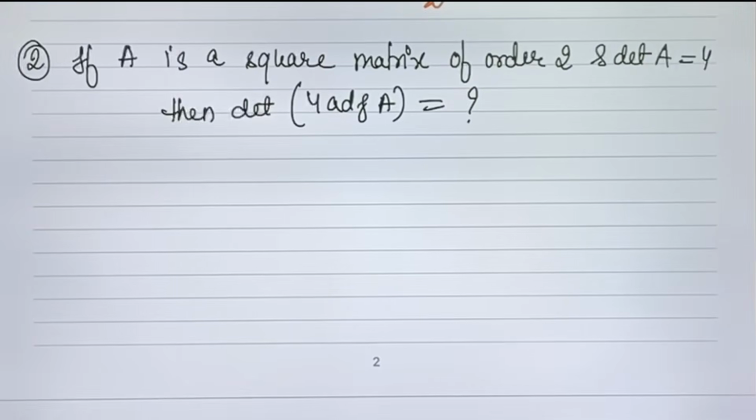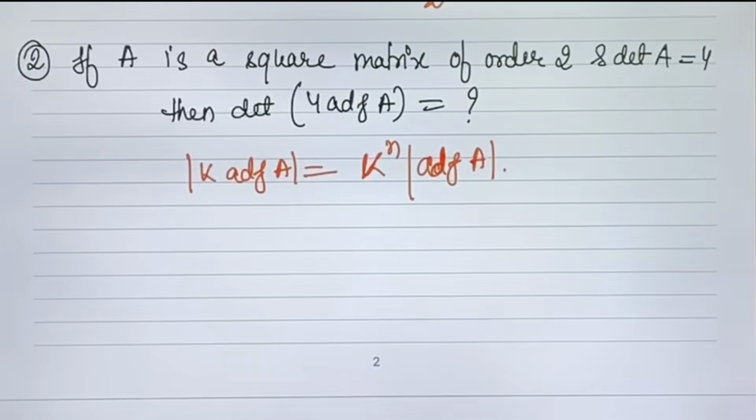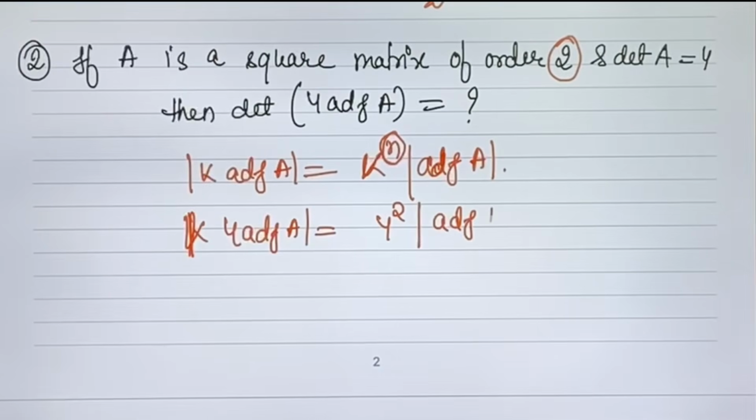You need to find out the det of 4 adjoint of A. फॉर्मूला ऑलरेडी मैं आपको एक्सप्लेन कर चुकी हूं अभी। तो k इंटू एडजॉइंट ऑफ A का फॉर्मूला क्या हुआ? k टू द पावर n, det of adjoint of A, करेक्ट है? नाउ ये n क्या है आपका? n है आपका ऑर्डर 2। Write down here, det of 4 adjoint of A is equal to 4 to the power 2 det of adjoint of A.